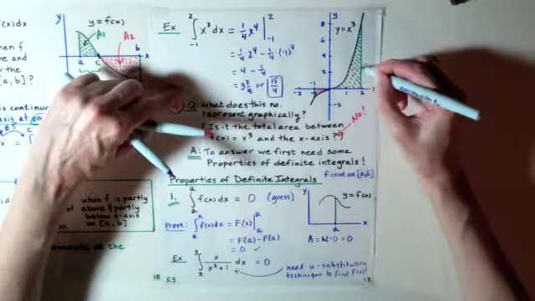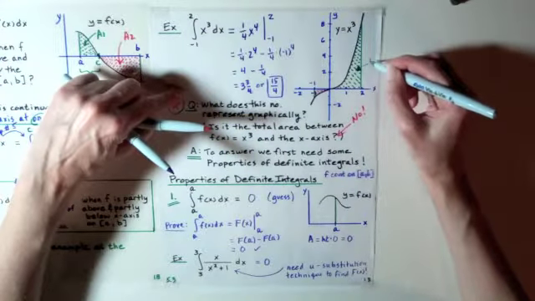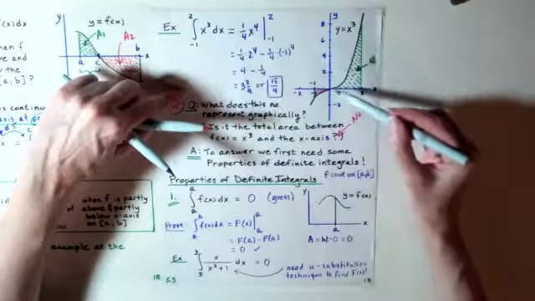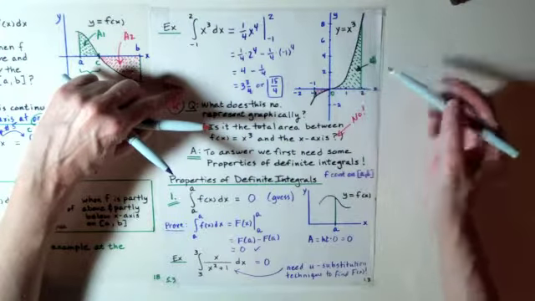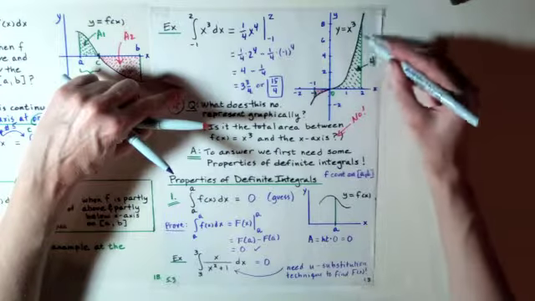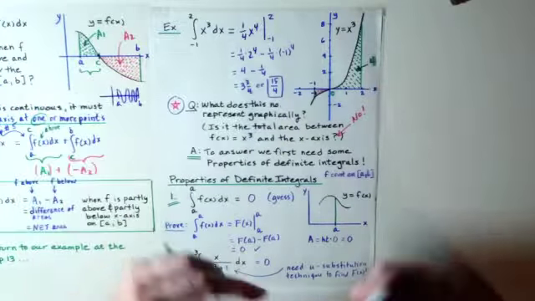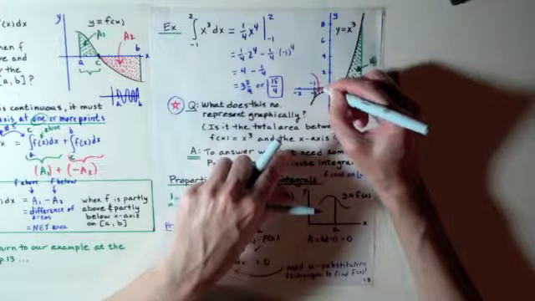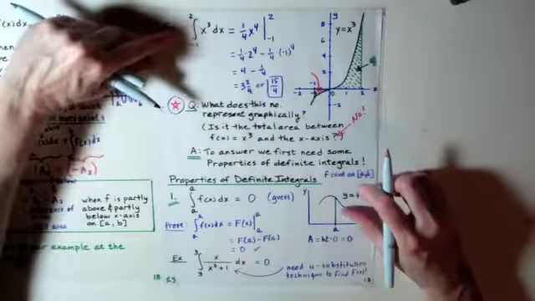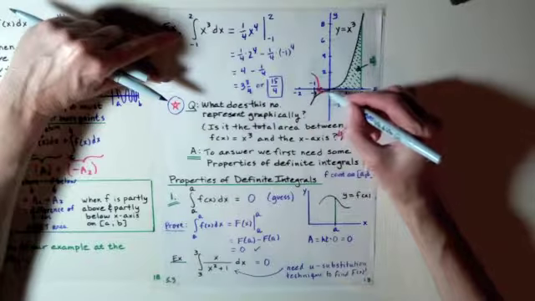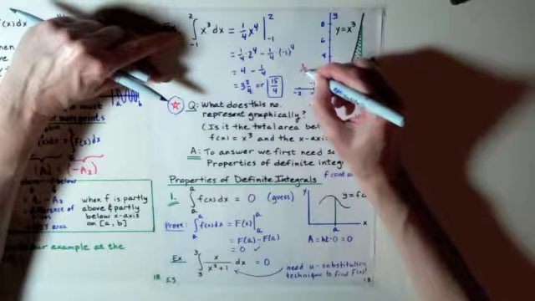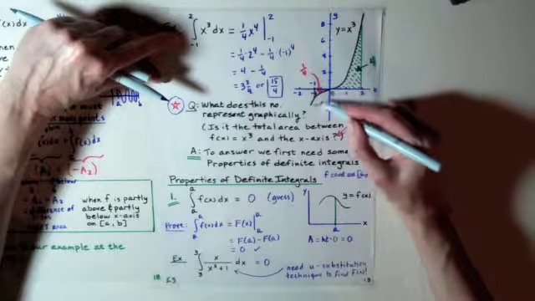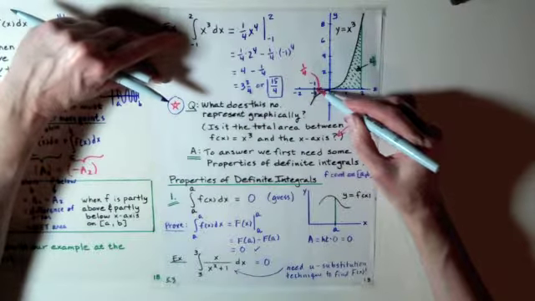This area right here turns out to be an area of 4. If you just integrate x cubed from 0 to 2, you'll find out that you get an area of 4 for this green area. But this portion in here is going to subtract when we figure out the net area. And this portion ends up having an area of 1/4. So this little red shaded thing right here, the positive area there, is equal to 1/4.